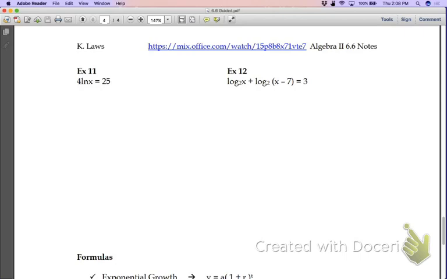So I need to condense this down, and if it's a plus in the middle, what am I going to do with the x and the x minus 7? Multiply them. So I really have log base 2 of x times x minus 7 equal to 3.